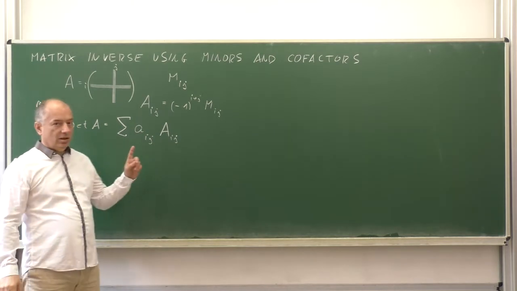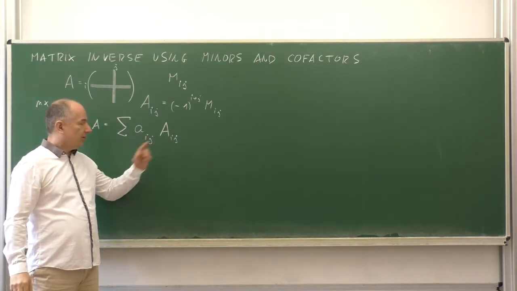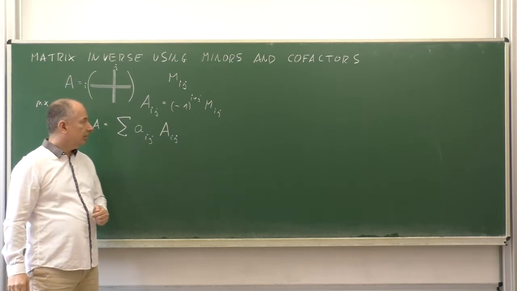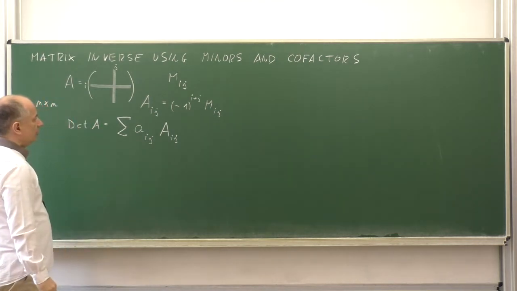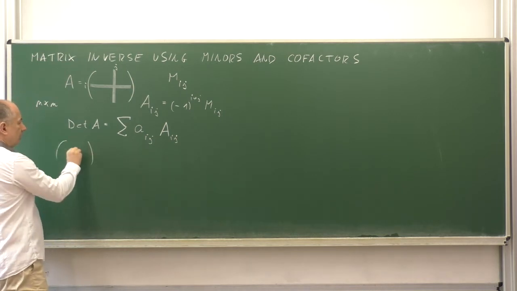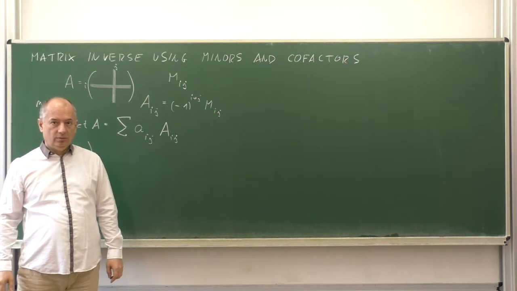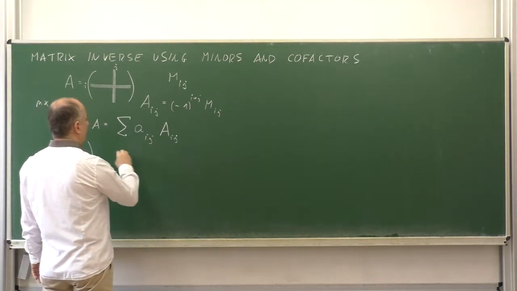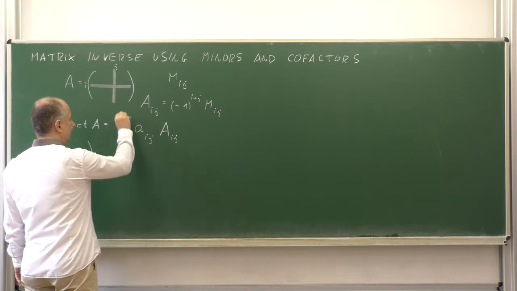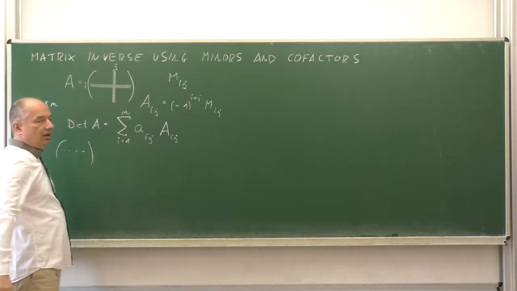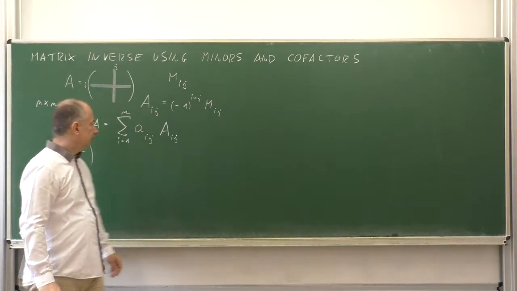We can either fix any i and sum over j, which corresponds to computing the determinant along a given row, or alternatively, we can fix j and sum over i, which means that we expand along a given column.